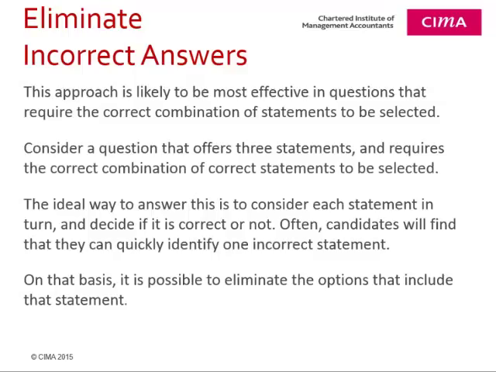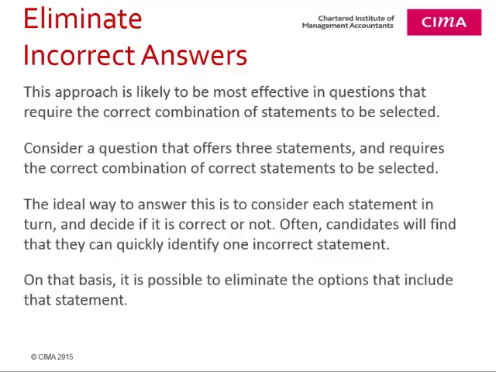This approach is likely to be the most effective in questions that require the correct combinations of statements to be selected, and we'll look at an example in a moment. But consider a question that offers three statements and requires the correct combination of correct statements to be selected. The ideal way to answer this is to consider each statement in turn and decide if it's correct or not.